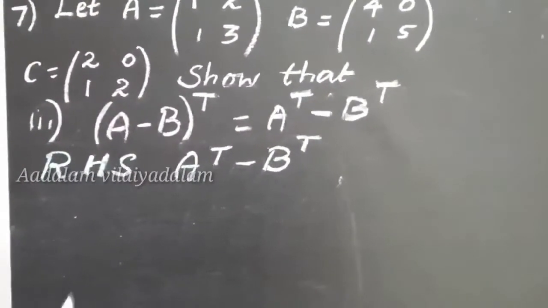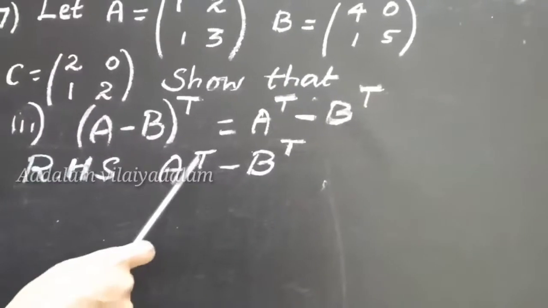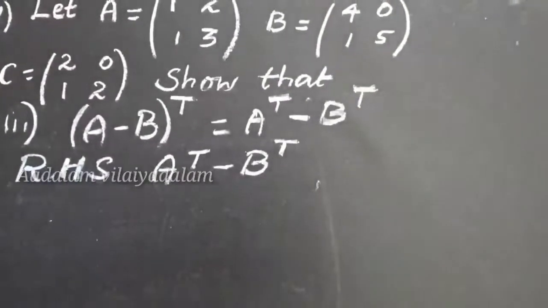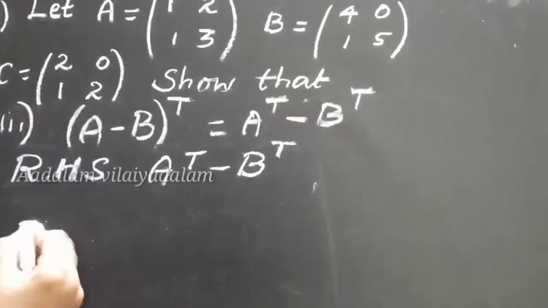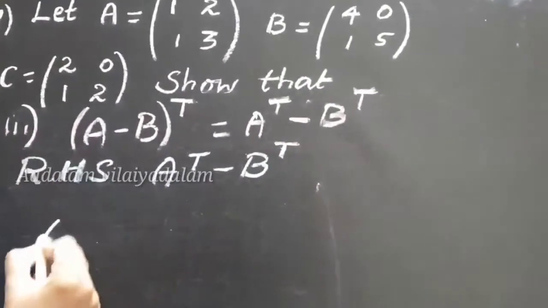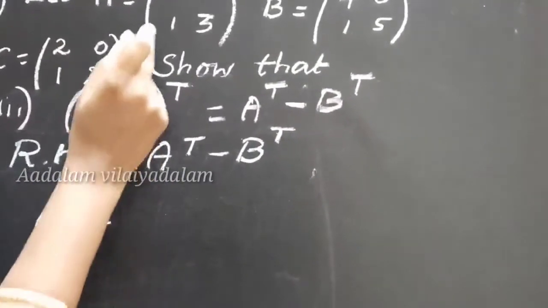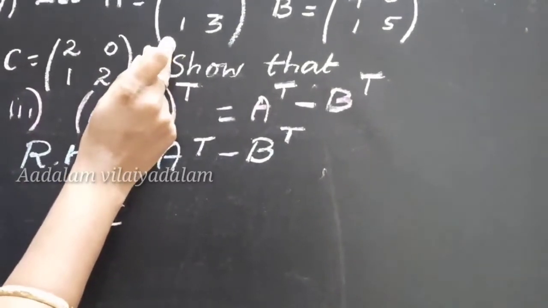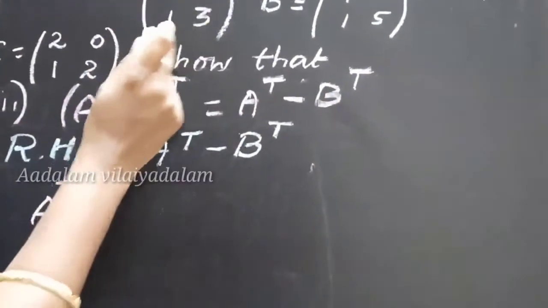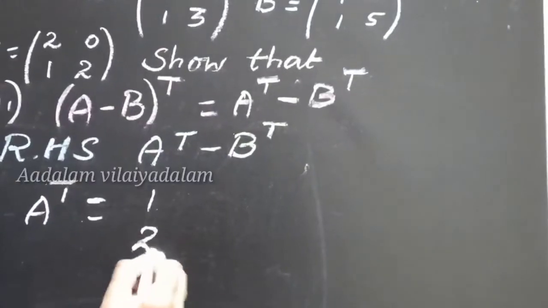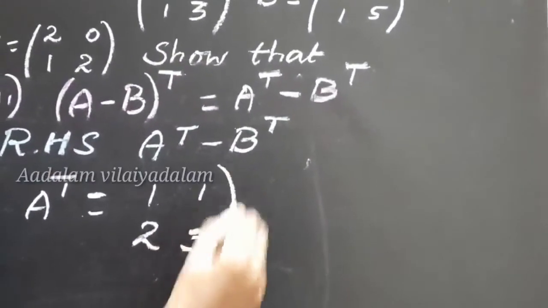Next we have to find the RHS value, A transpose minus B transpose. So the A transpose value: just interchange the row and the column. 1, 2, 1, 3, it is 1, 1, 2, 3.